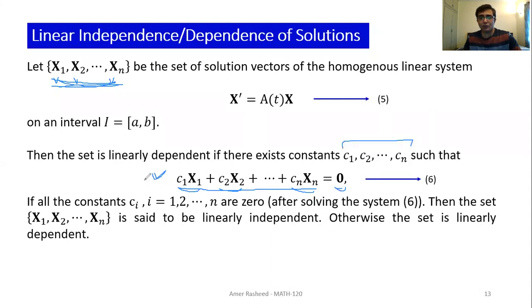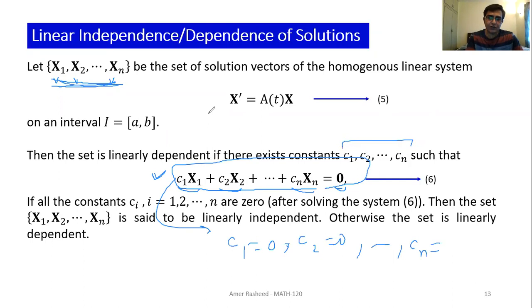If we solve it and we get all the C's equal to 0, C1 equals 0, C2 equals 0 and so on, Cn equals 0, then we say that this set is linearly independent.